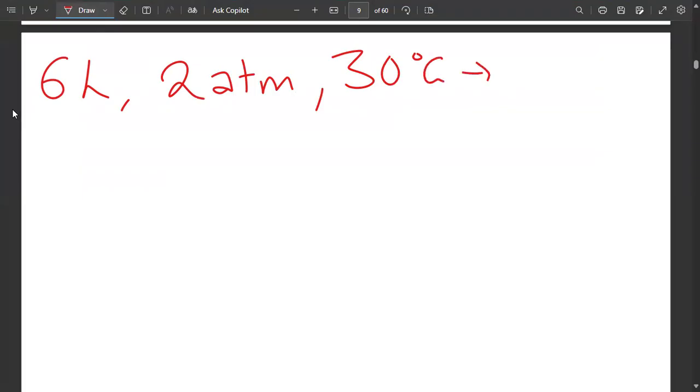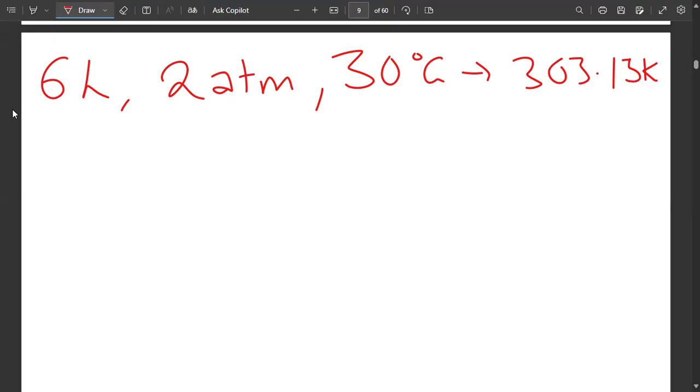So we convert this temperature to Kelvin. We're going to add 273.15, which means we're having 303.15 Kelvin. In order for us to find the number of molecules, we're supposed to use Avogadro's constant.